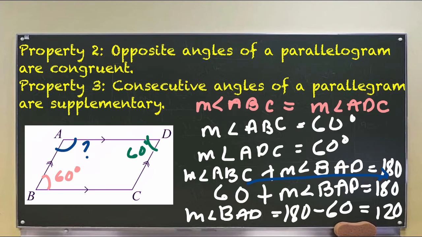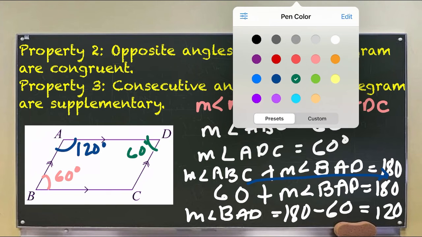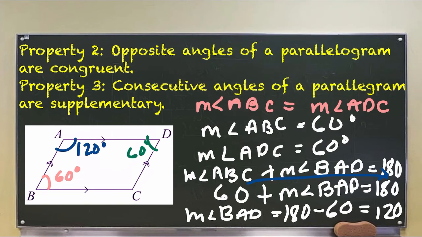So, ang measure ng angle A ay 120. Dahil na-solve na natin ang angle A or yung angle BAD, we can also solve for the measure of BCD. So, ang measure ng BCD ay, yes, it is also 120. Yan ay ang property 2 at property 3 ng parallelograms.